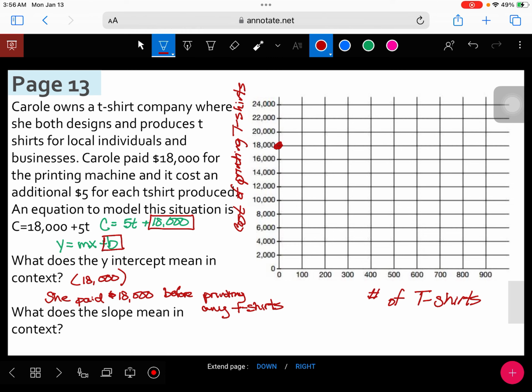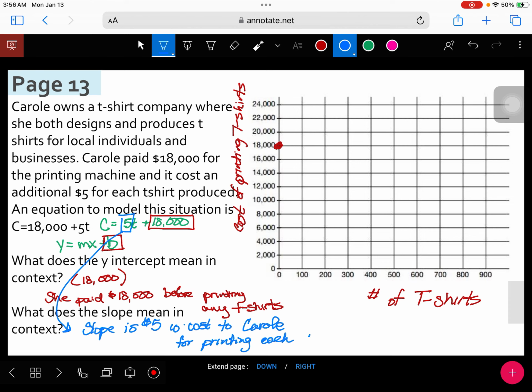What does the slope mean here? If I look at my equation, the slope is 5. It's the $5. And the slope here is the $5, which is the cost to Carol for printing each t-shirt.